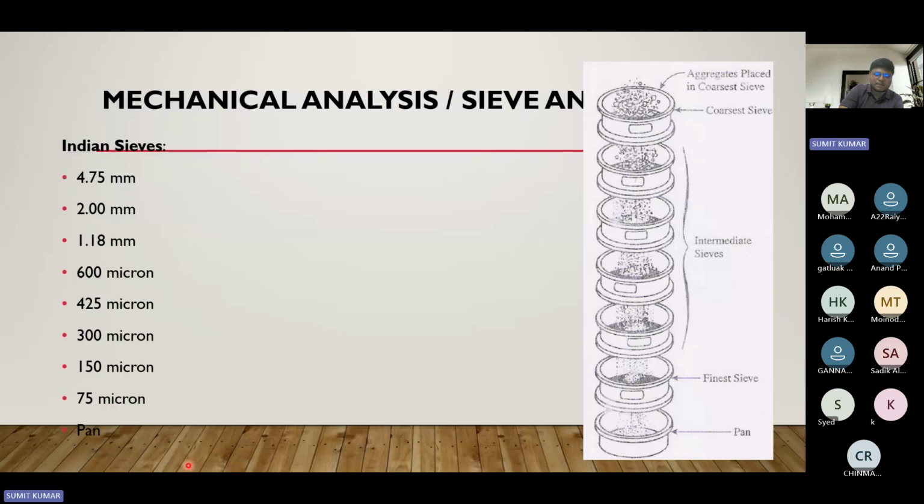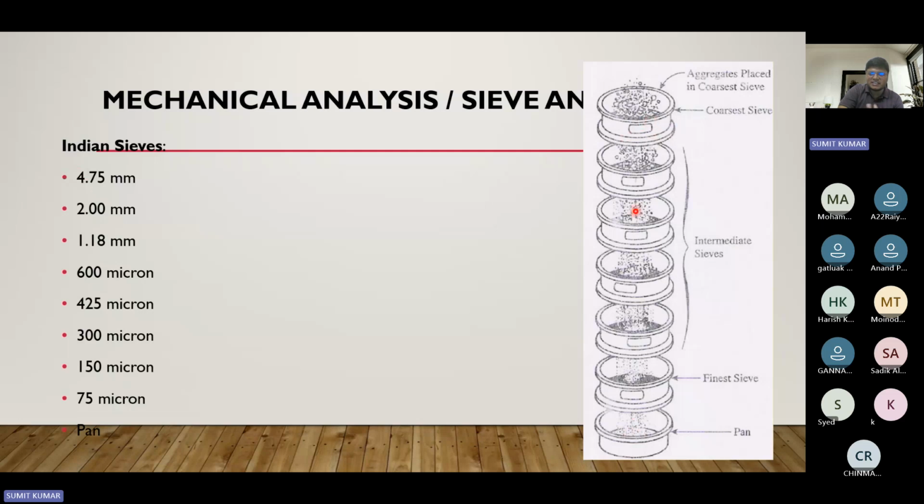At the end, there is a pan in which there is no perforation provided. Basically 4.75 mm means the perforation in the sieve is of size 4.75 mm.